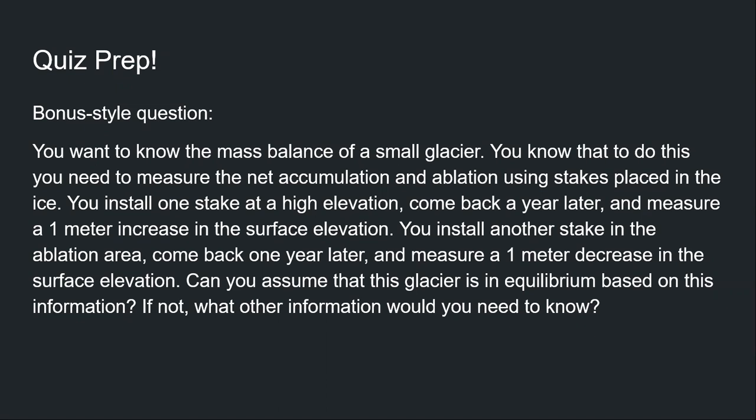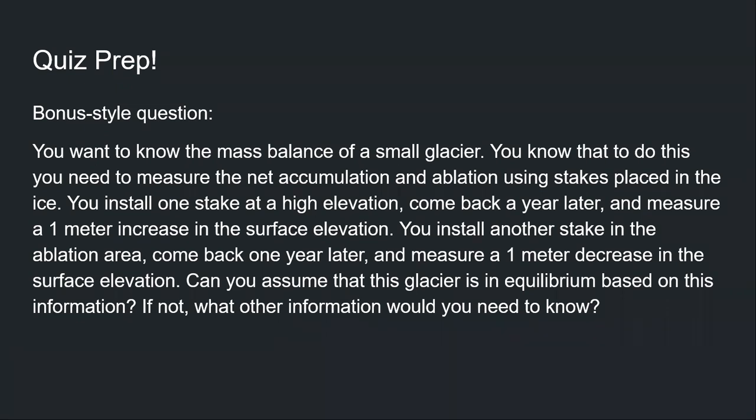No, that's not enough information to say that the glacier is at equilibrium, because you can't conclude that with only 2 measurements on your glacier. You need to do more measurements on a larger area.